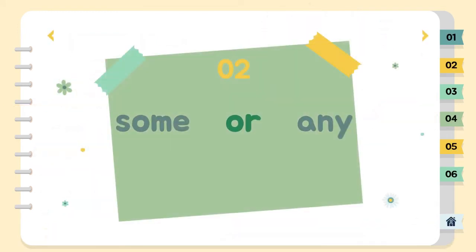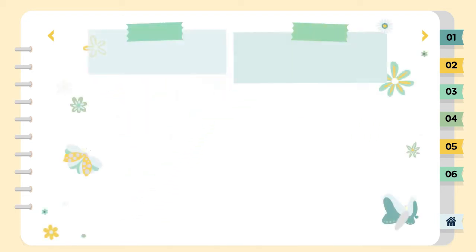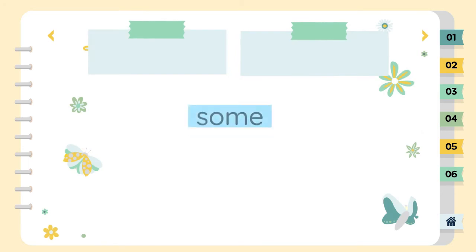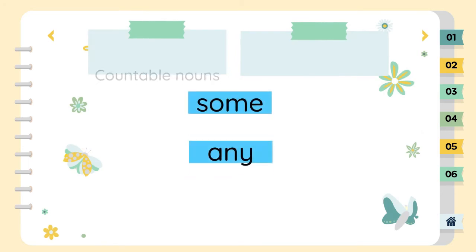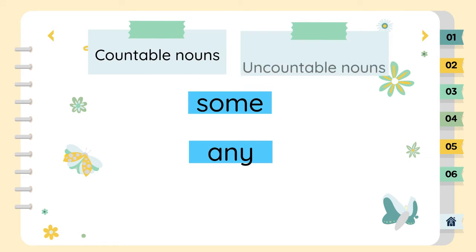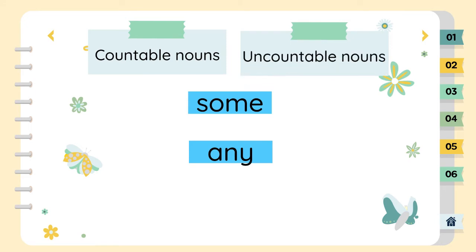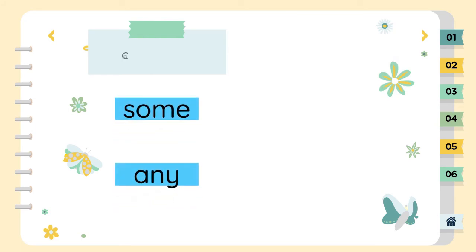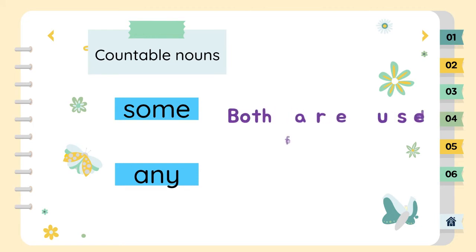Next, some and any. Please listen carefully. For some and any, we can use them in countable nouns and also in uncountable nouns. As I mentioned before, some and any can be used in countable nouns.